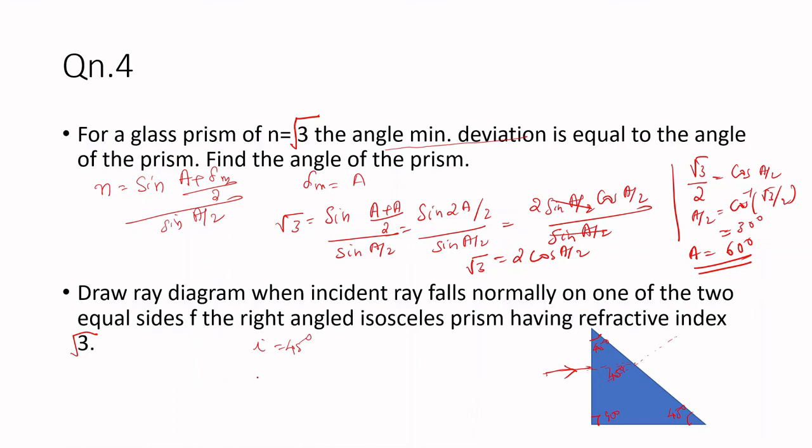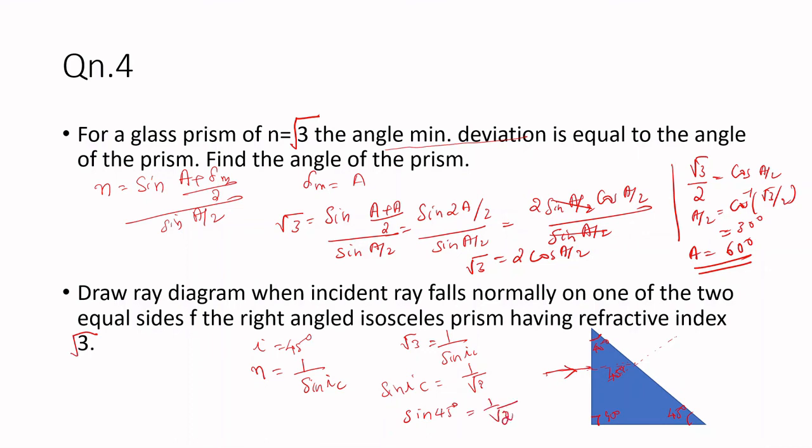So according to the rule, we know n equal to 1 by sine IC. N is root 3 here. So root 3 is equal to 1 by sine IC, or sine IC is equal to 1 by root 3. I is 45 degree over here, so sine 45 degree is 1 by root 2.